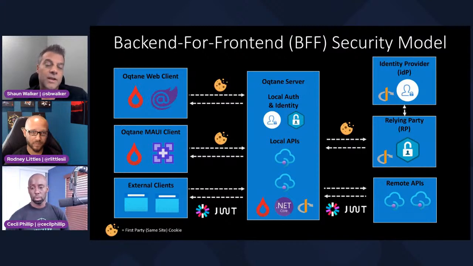But Oqtane itself has its own local authentication and identity capabilities using, of course, the .NET Core identity service. But then it also has the ability to integrate with third-party identity providers as well. So you could use Azure Active Directory, or whatever third party, as long as it supports OpenID or OAuth 2.